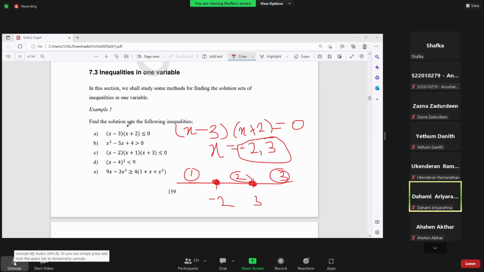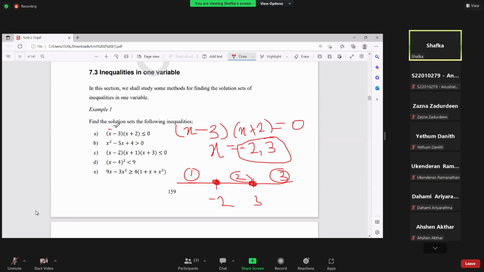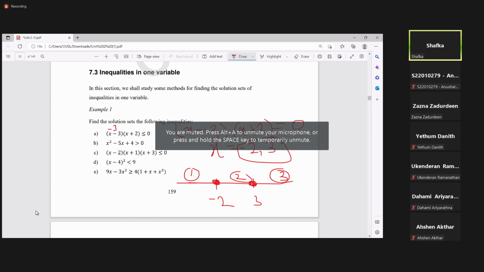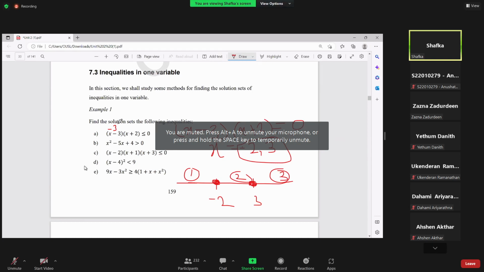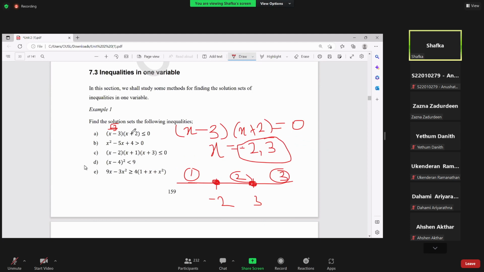Minus 3. Then what happens to the first factor? Minus 6. Then the second factor? Minus 1.